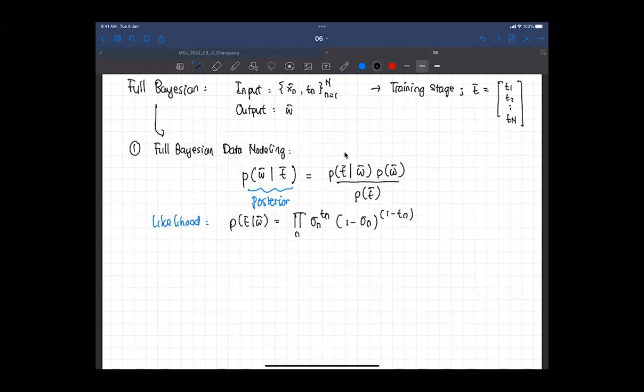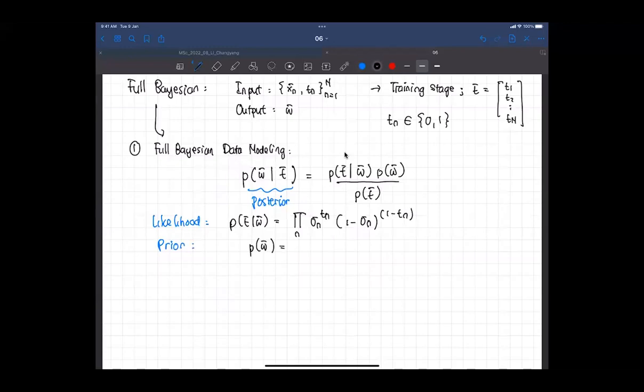The likelihood function is a sigmoid function of the two possible labels. The two possible labels for Tn here are actually either 0 or 1. Right, so then we also have the prior. For the prior, P of W bar equals what?